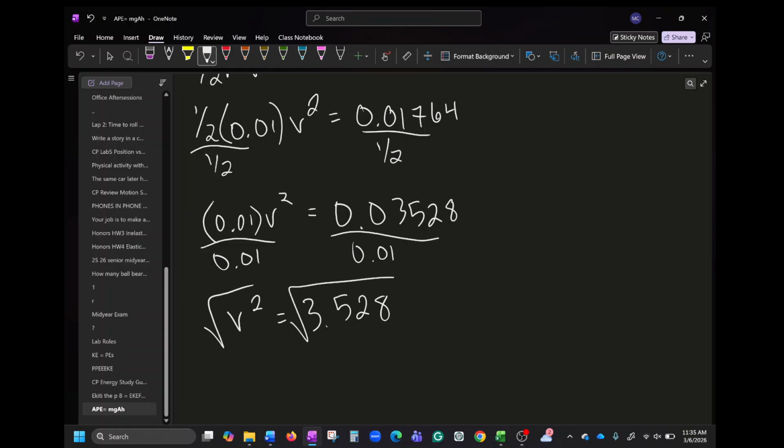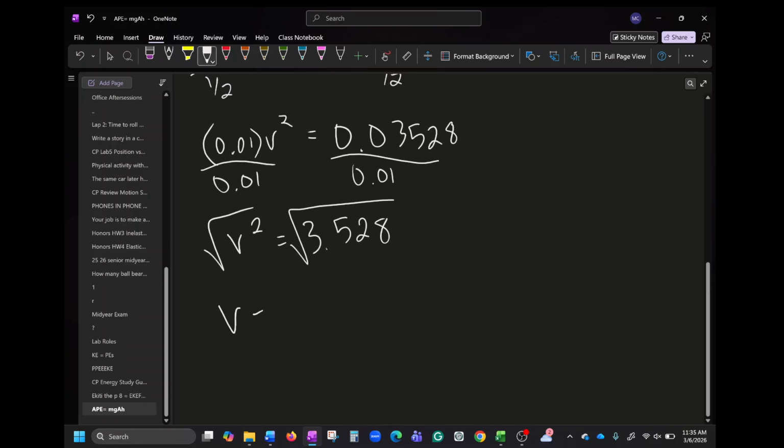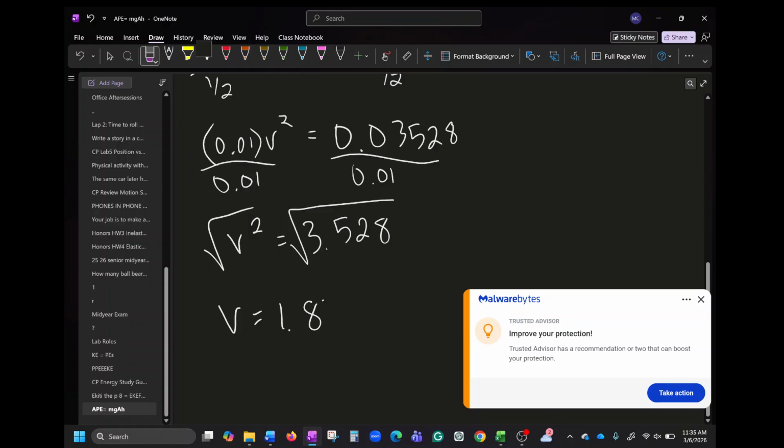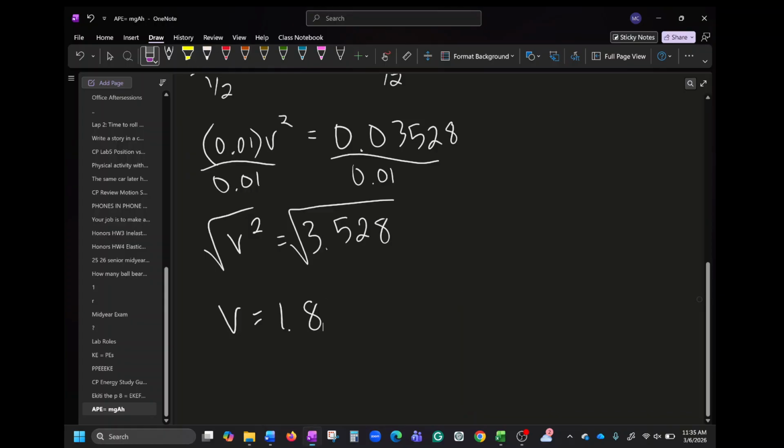Then we have to take the square root of that, and that would get us our velocity of 1.87, let's call it 1.88 just for kicks, meters per second. So there you go. That's your velocity that you would have calculated.